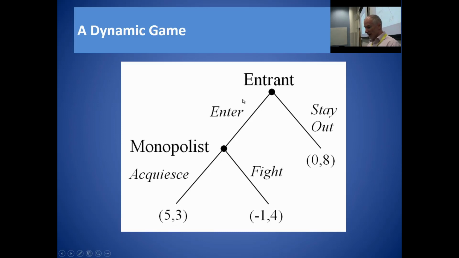And then lastly, if the entrant enters and the monopolist chooses to fight, the payoff to the entrant is still -1. It gets the most detrimental outcome, but we said there's then a net gain of 5. So 5 minus the 1, so the payoff would then be 4. So that is what the game would be if the sunk costs were incurred.